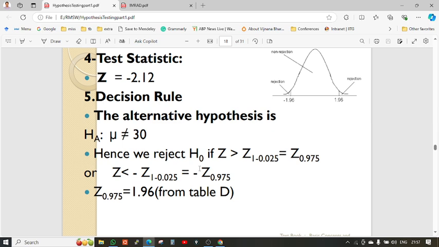The value of z at 0.975 is 1.96. We have to refer to the table given in your questions, and this may be the answer for that. So let's do this calculation.